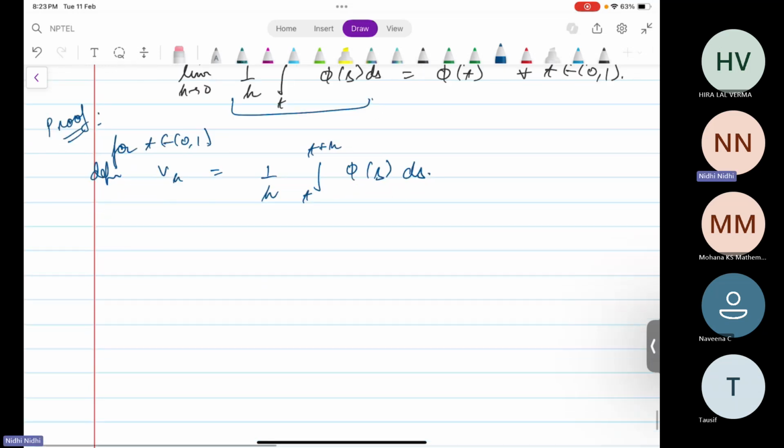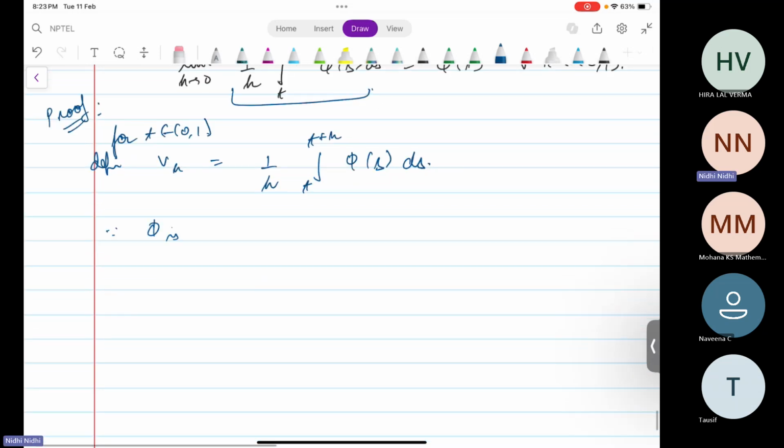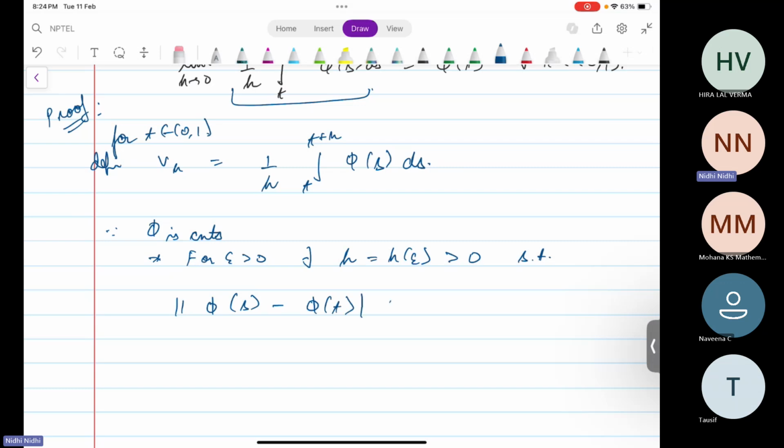Now since phi is continuous, this implies for epsilon positive, there exists some h which depends on epsilon such that norm phi s minus phi t is less than epsilon whenever mod s minus t is less than h. Clearly, since we are given just continuous, this h will depend on the points s and t as well.